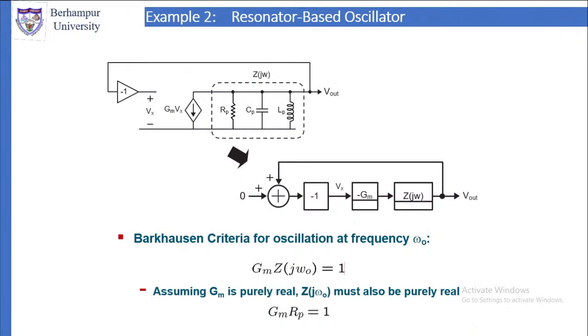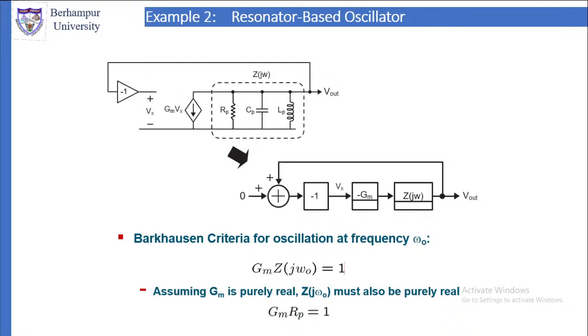Second is the LC oscillator, or resonant based oscillator. The top figure shows the equivalent circuit of an oscillator.